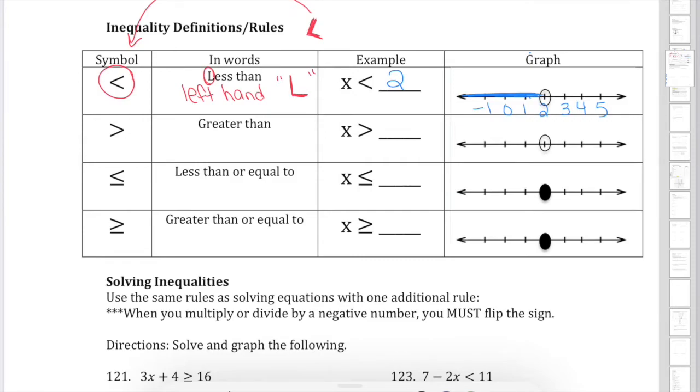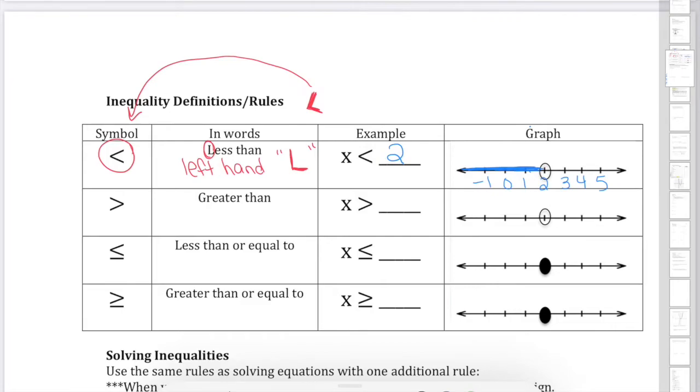But if you just put up your pointer finger and your thumb, put the rest of your fingers down and create an L, L for less than, using your left hand. If you turn it to the side, like this image here, it turns into a less than symbol. So that's a really easy way to help you remember that that's less than.